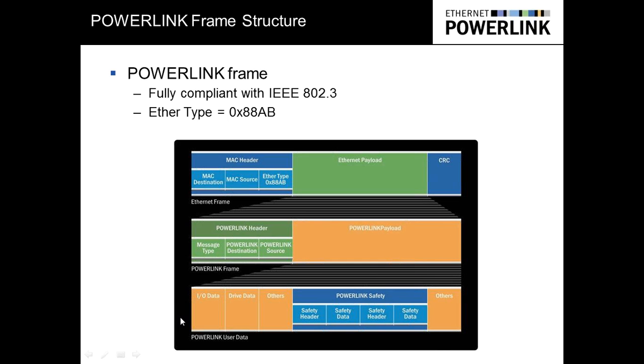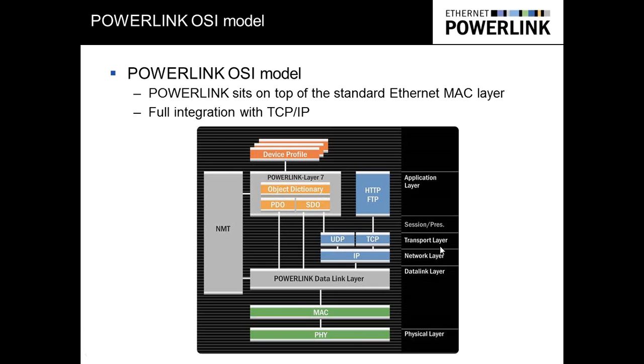The POWERLINK payload itself has I/O data, drive data, etc. And then you have a section that is reserved for safety packets. So if you need to do safe communication, you can, and the safety packets are actually duplicated, again, for the purpose of redundancy. POWERLINK sits perfectly well within the OSI model.